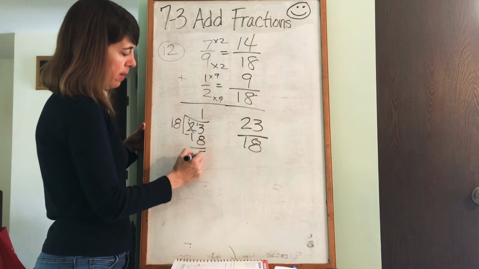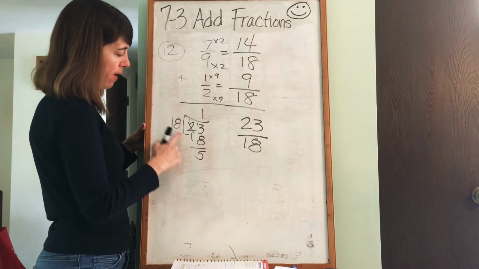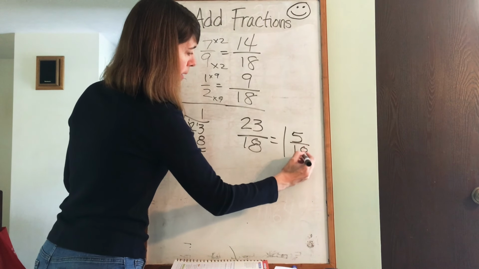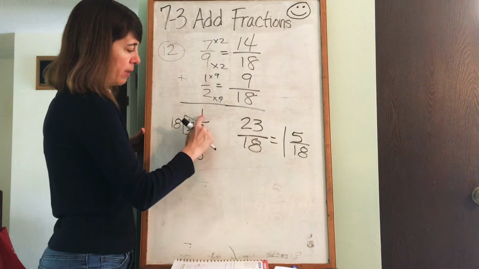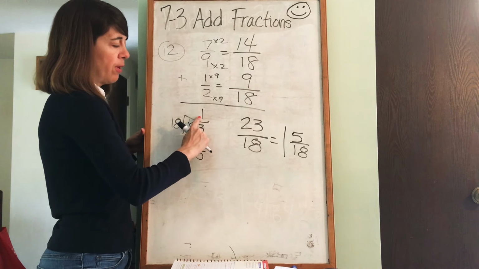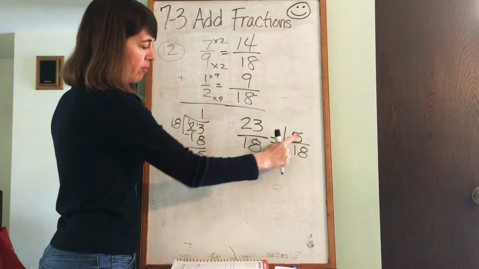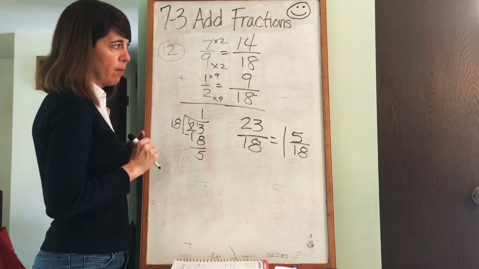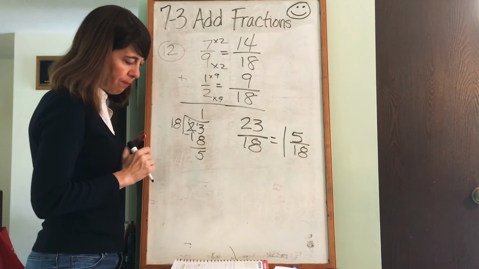Subtract and get 5. So it is 1 and 5/18. Remember, the whole number is your number on top, that was your whole number answer. Your remainder makes your numerator, and your denominator stays as is, which was also the outside number there, your divisor.